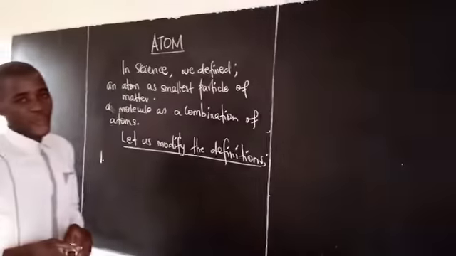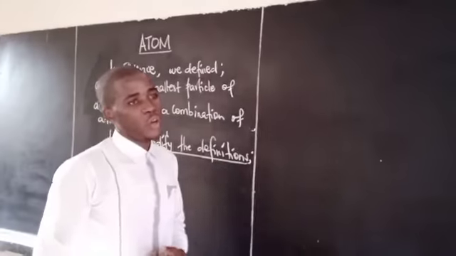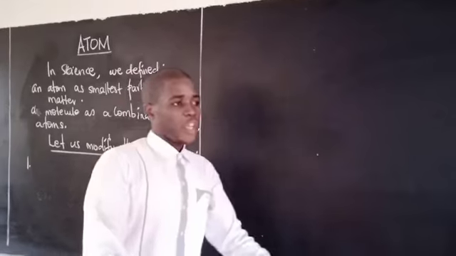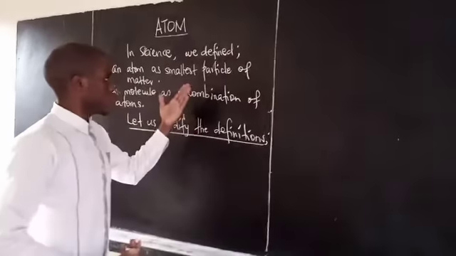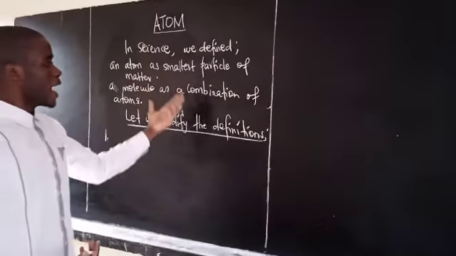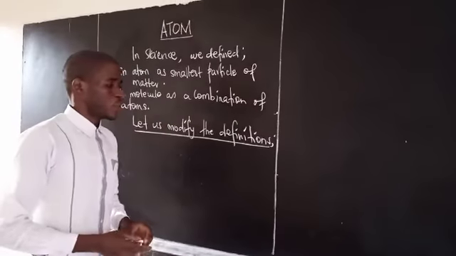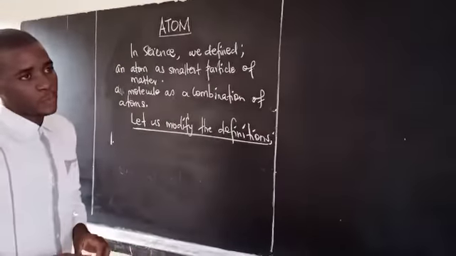We are going to use the knowledge which we already know about science, and we enrich this definition of an atom, and then later we shall also modify the definition of a molecule.